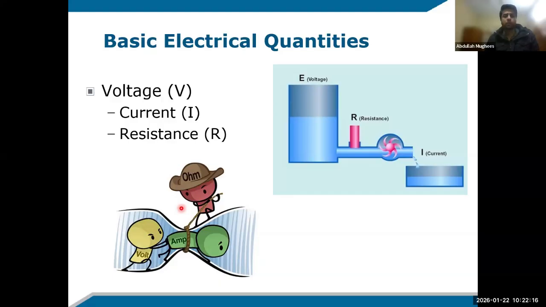So now I will give you more technical detail about how these things work. Current is basically flow of electrons, flow of charges. So there are electrical charges inside anything and their flow. For example, there are 10 charges placed here.